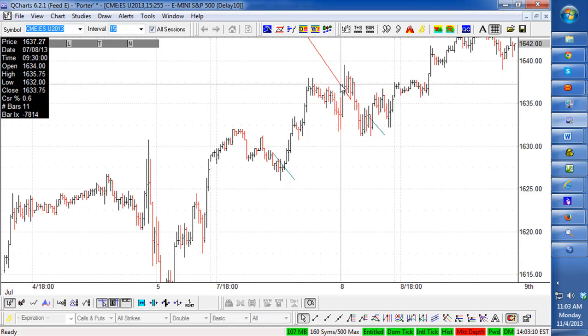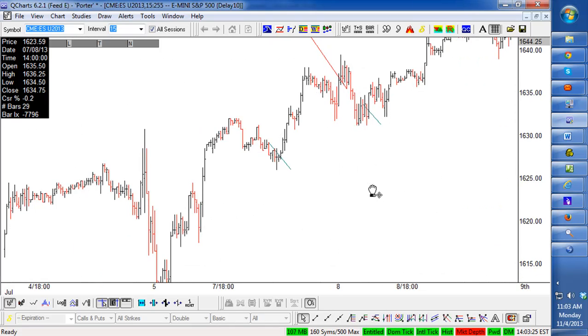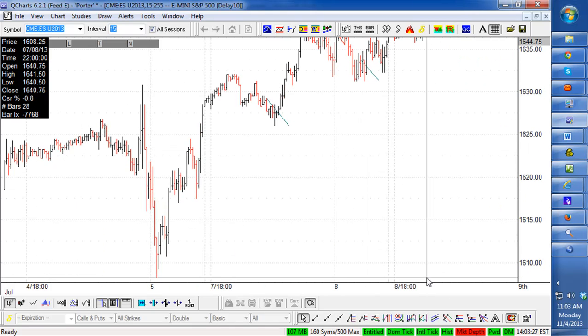So what happens is prices will often go past the red line, and when they are past the red line, they will often reverse at a median line or another line that we'll show you in a minute. Let's show you what I mean.